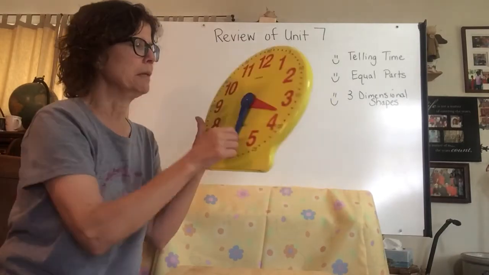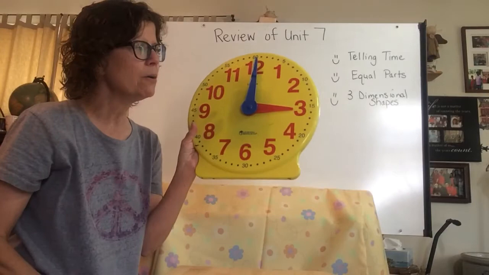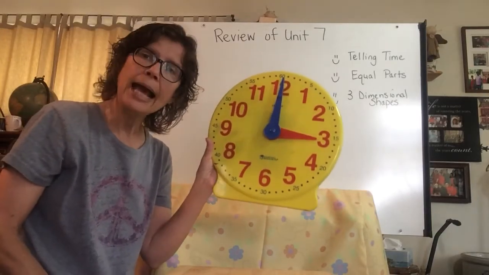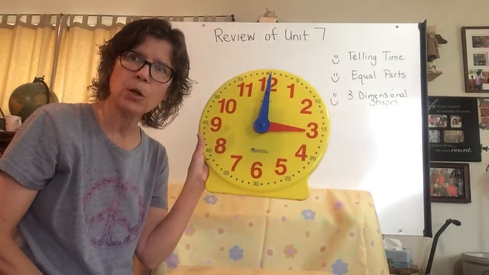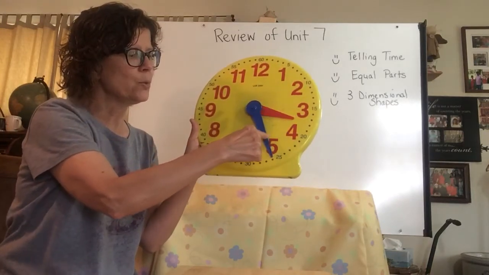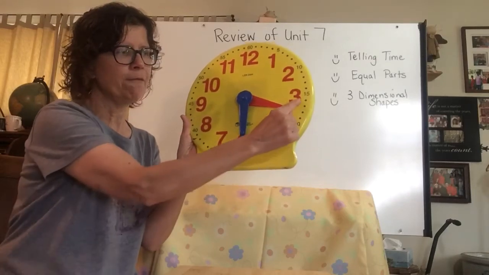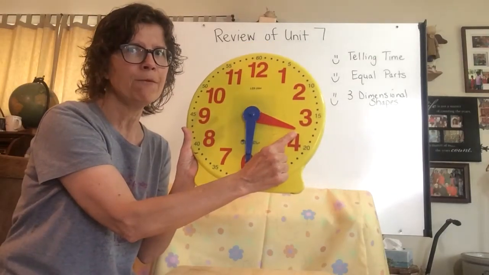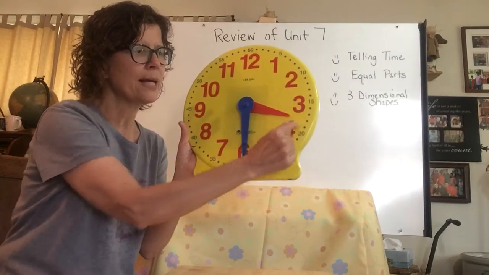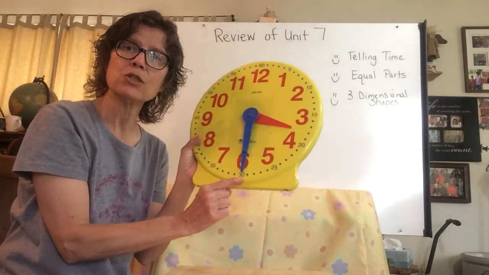So we do 3 o'clock. I went backwards, but that's okay. Here's 3 o'clock, and I want to go 3:30. Here we go, 5, 10, 15, 20, 25, 30. 3:30. It's not 4 o'clock yet. The hour doesn't say 4. It's still within the 3 o'clock time.